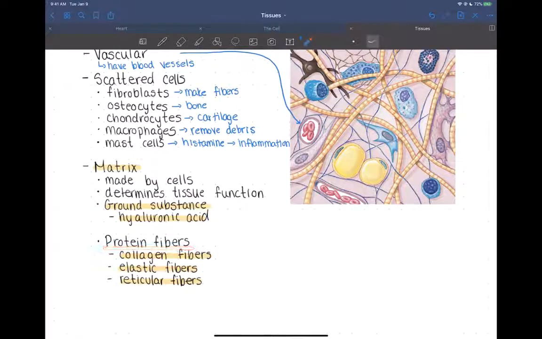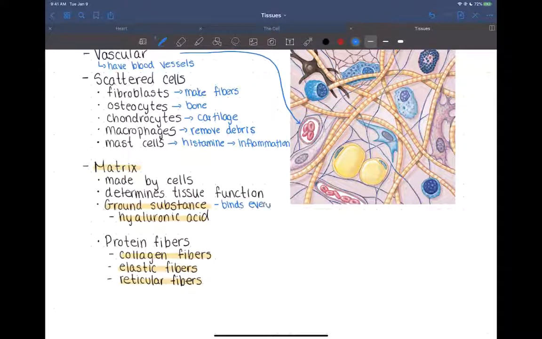The ground substance is essentially, like in this picture, all the pink stuff. It's the surrounding fluid or whatever the substance is. So that's the ground substance, it kind of surrounds everything. So we can say ground substance binds everything together.